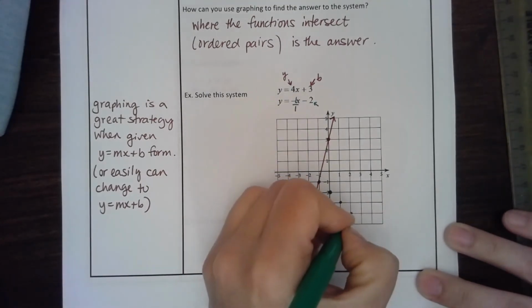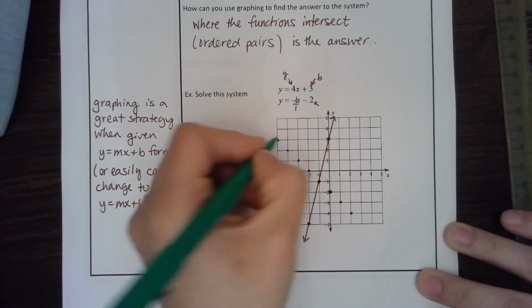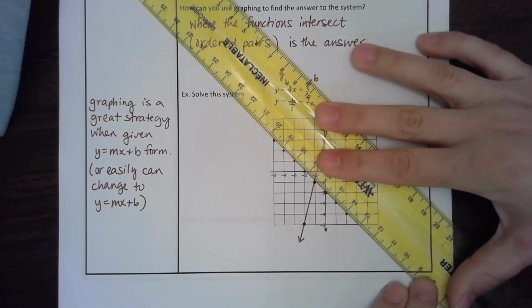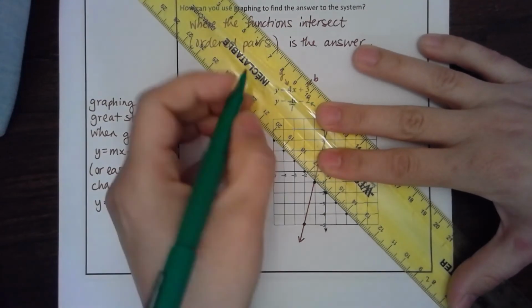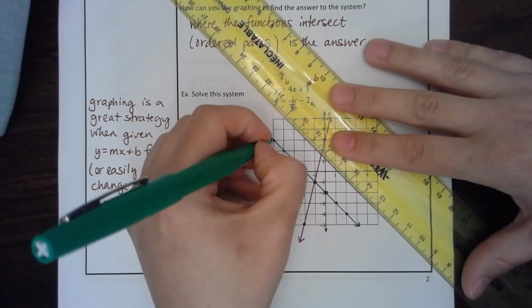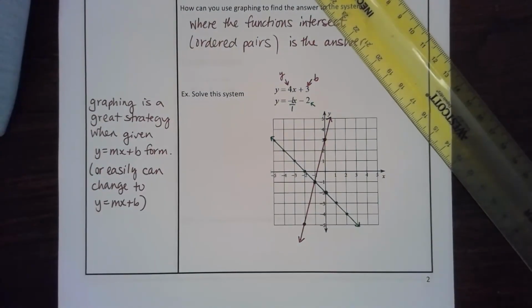We've got to make sure our slope is negative. And we can have lots of points for this one. It's pretty easy. And we want to draw really good lines that match up with our points, because we want to find the point where they intersect. If we don't use a ruler or we don't have enough points to really draw an accurate line, our answer might be off.